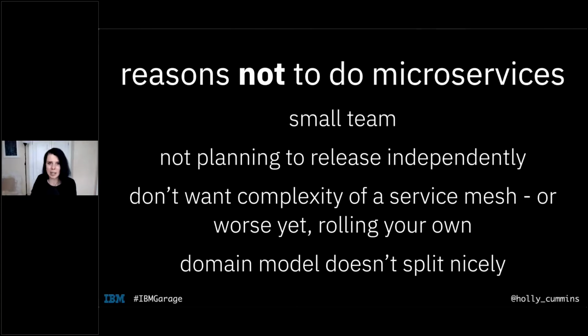then you're probably not going to be releasing these things independently. So for example, when I worked on the WebSphere Liberty application server, we made a lot of changes to how we built the software compared to classic WebSphere. And it meant that we were able to release really fast. We could have released every day if we wanted to, but we knew that very few people want a new release of their application server every day.